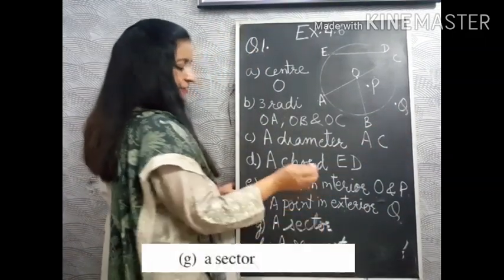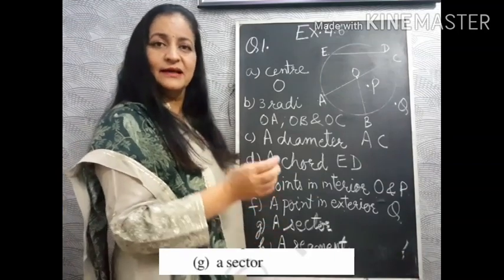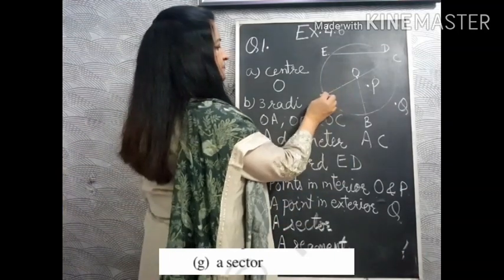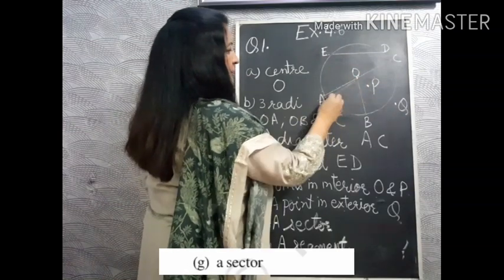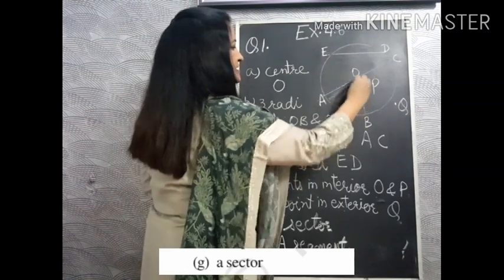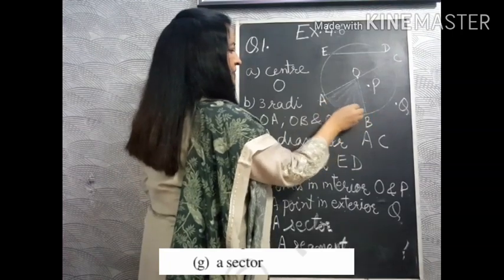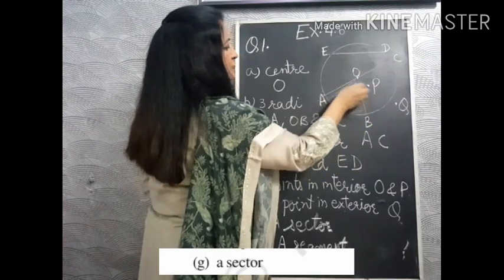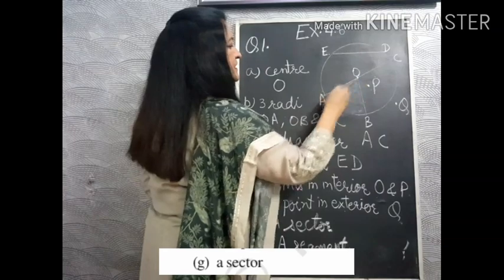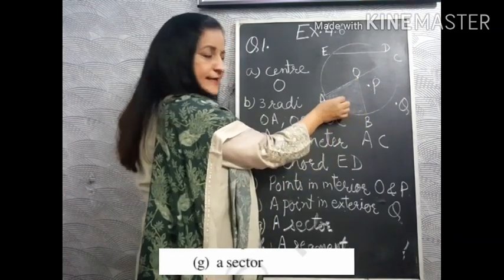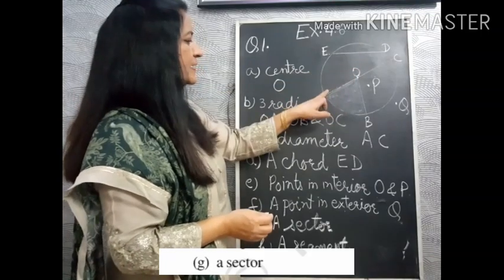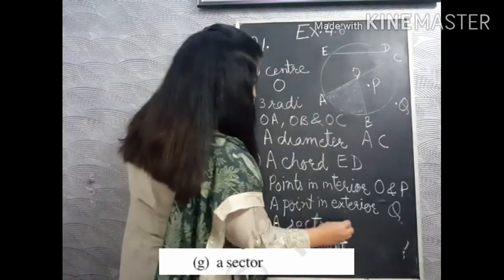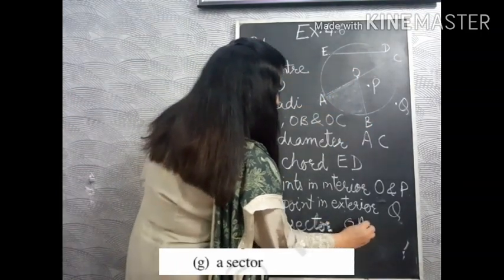Next is a sector. Now what is a sector? Sector is that part of the circle which has 2 radii and an arc of the circle. So this portion is sector of this circle. This is OAB. So sector is OAB.